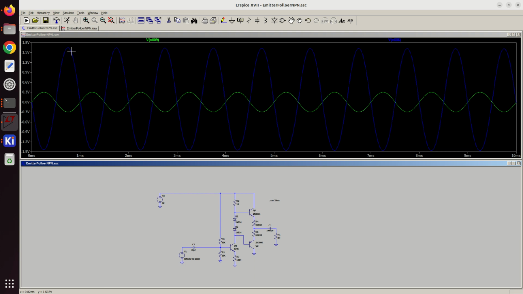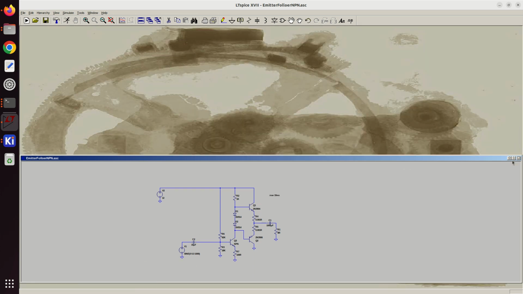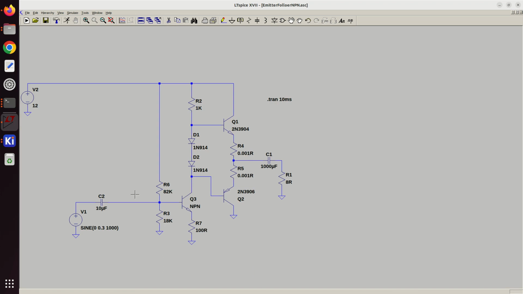But that looks pretty good. We could leave it at that, but I would like to put a preamplifier here as well, and put another preamplifier and then a pot, because we're still at like 0.3 or 300 millivolts, which is a lot.